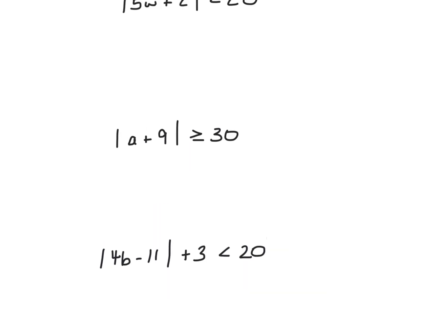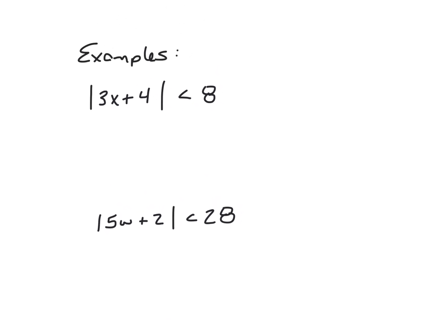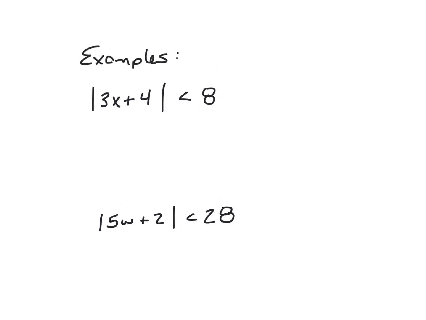All right, some examples. And these are kind of coming from the study guide, page 38. If I asked you to solve this absolute value inequality, I would look at this and make sure this is isolated, which it is. And it is a less than symbol. So I know that I'm going to rewrite this. I'm going to put 3x plus 4 between negative 8 and a positive 8.